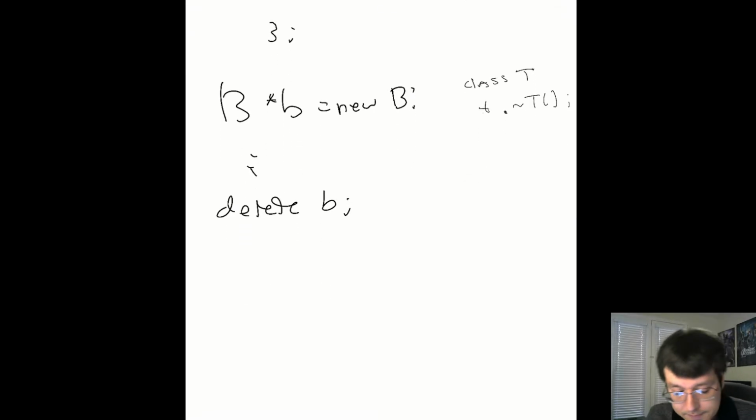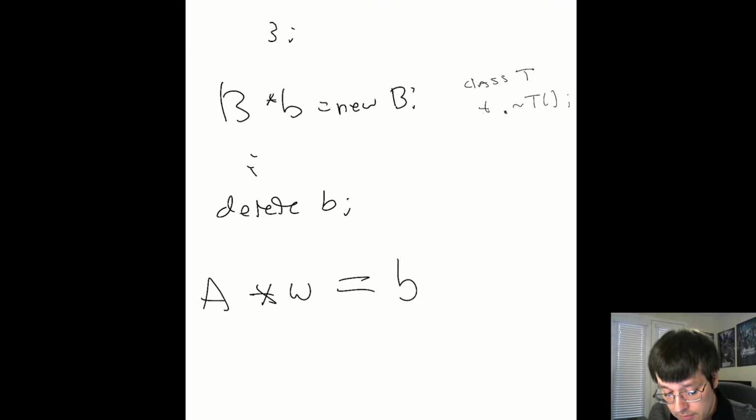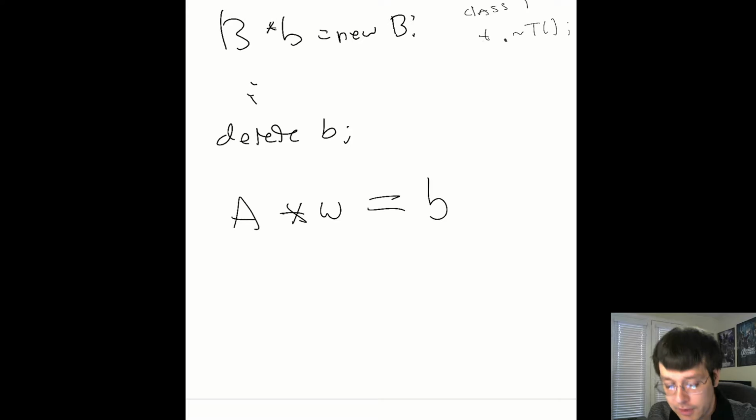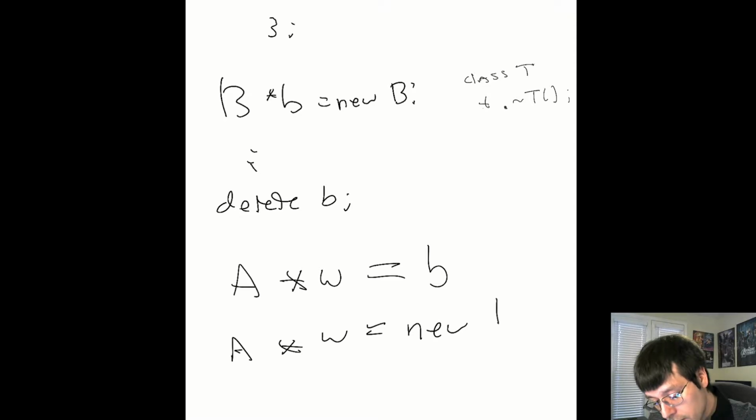So in theory, I could say a pointer of class A, I'm going to call it W, just to not be confusing, and I can actually make that point to my object of type B. Obviously, you wouldn't do that here because you call delete, but ignore the delete. You could do that. You could even allocate it directly there by saying new B.